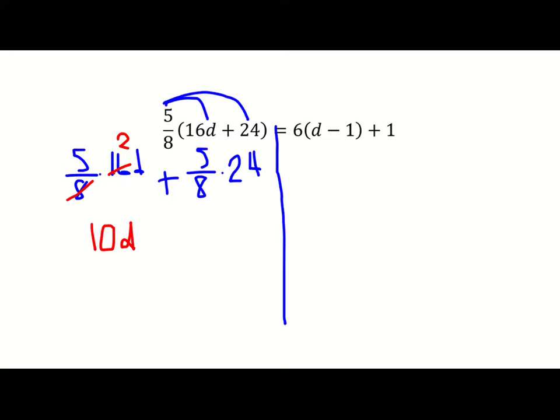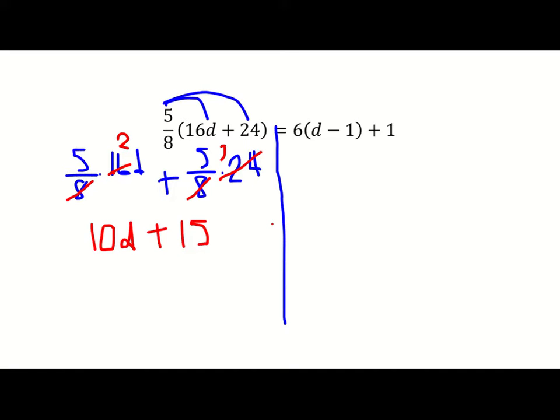How many times does 8 go into 24? That's 3 times, so I'm just multiplying 5 times 3 and I get plus 15. Right now we've already cleared out the fraction just by multiplying it out. So again, fractions aren't scary. We just need to realize denominators mean divide, so we can start by simplifying there.